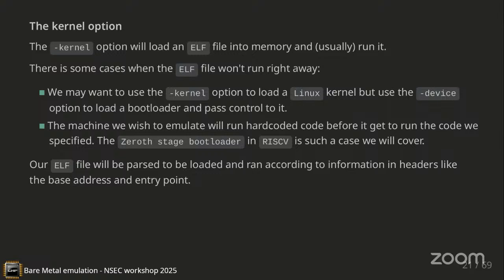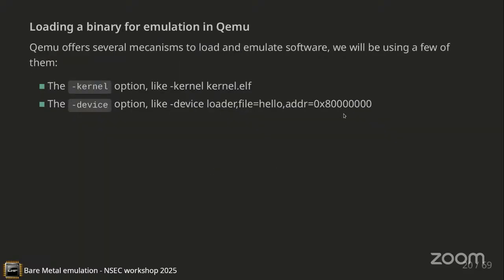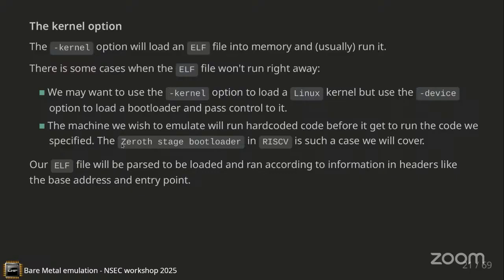If you set start at this address, like 0x870, which we use in the workshop, and you attach a debugger and look at the instruction pointer where the debugger starts, it won't be there. It will be at the address of the zeroth stage bootloader in RISC-V. So the reset vector in this case is hard coded. You cannot change it. It will run its own code, then eventually branch to the code that you want to emulate.